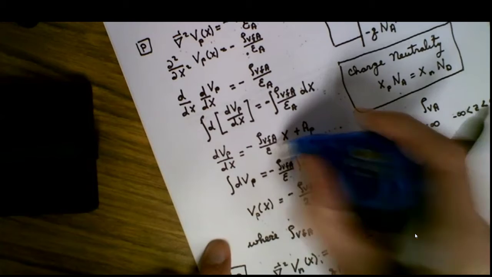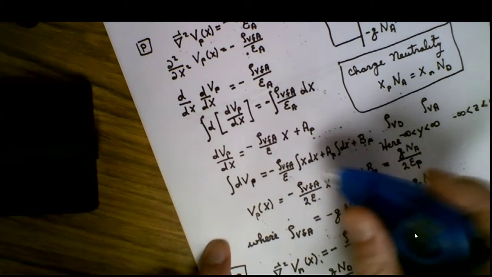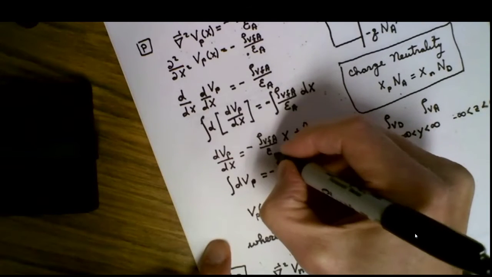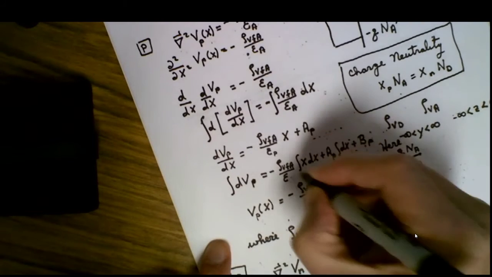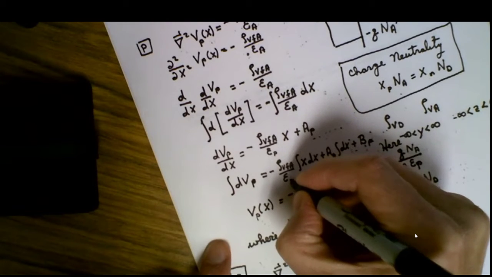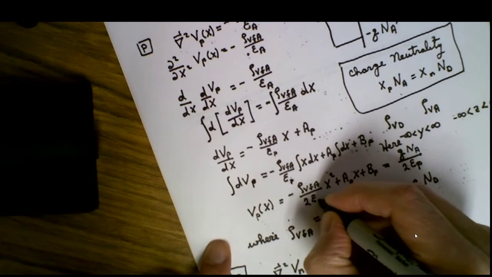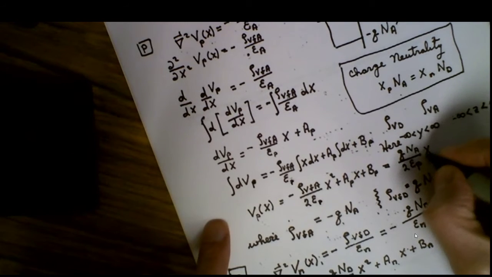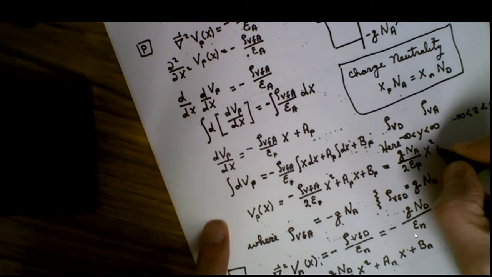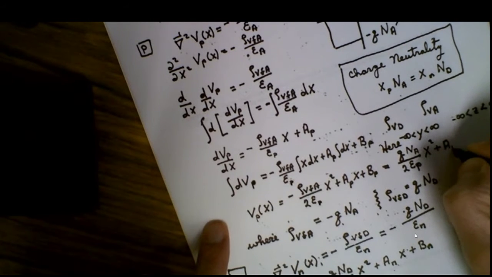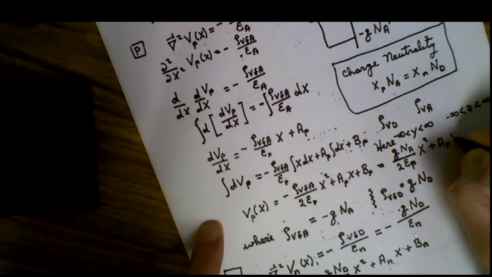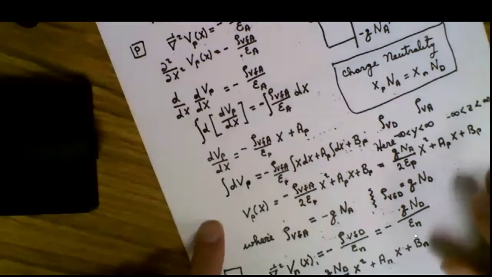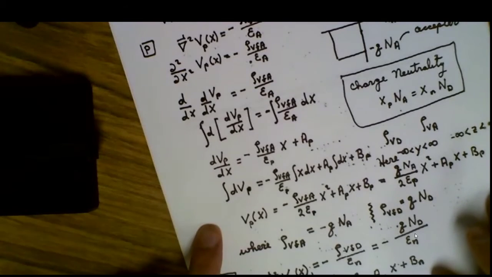So I seem to have not quite followed my schematic diagram. Okay. Times x squared plus a sub p times x plus b sub p. Okay, that looks good.